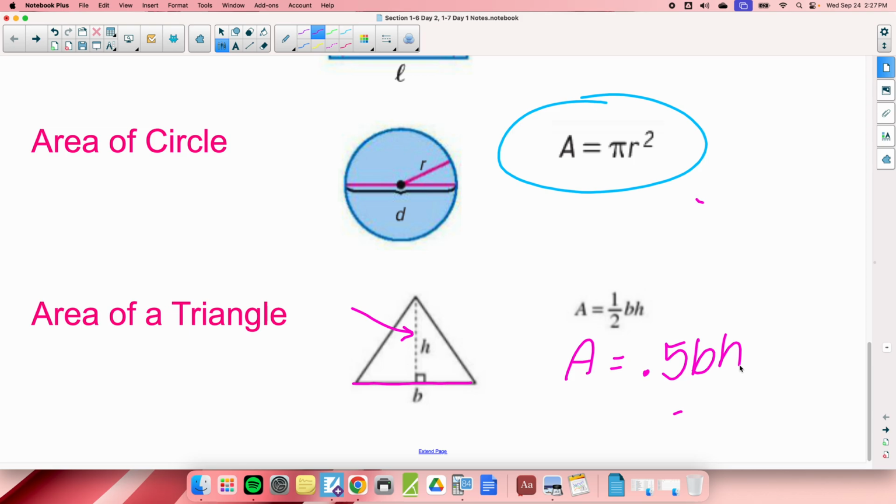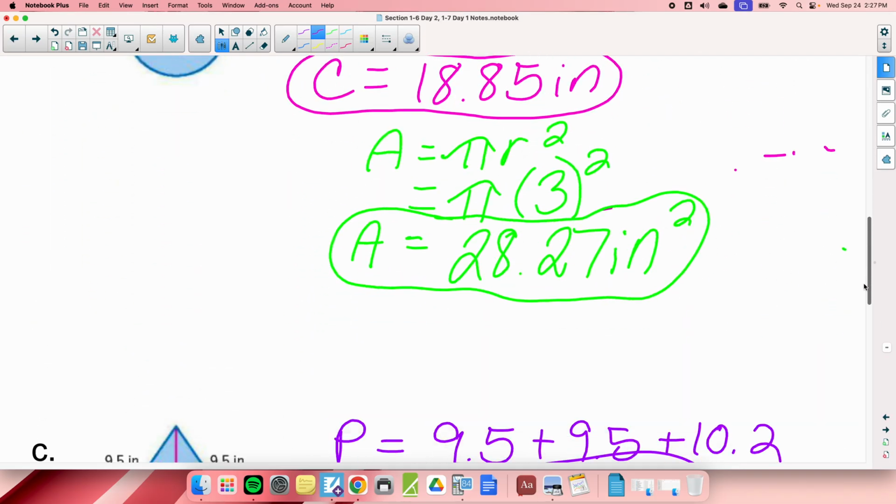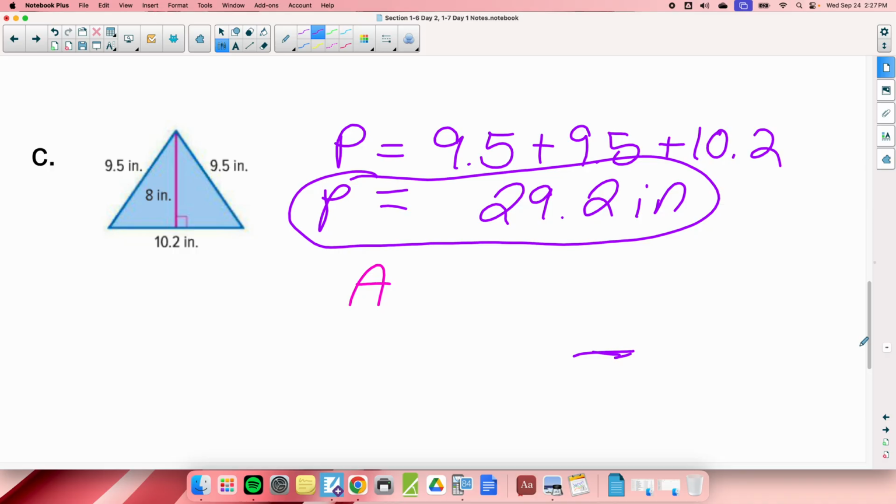That's the same thing as 0.5 base times height for a triangle. So if we go down here, and we go 1/2 or 0.5 base times height, it's gonna be 0.5. What do you guys think our base is?